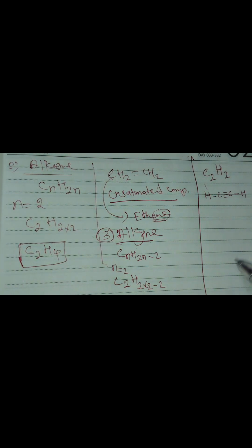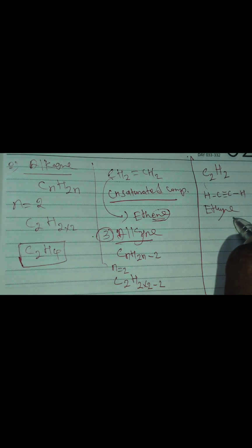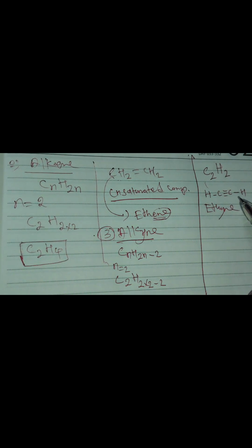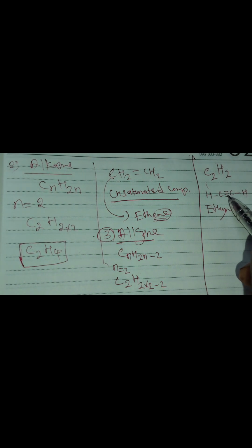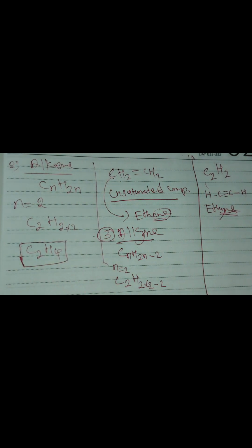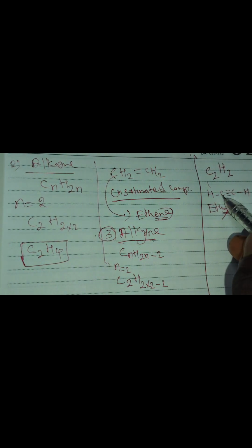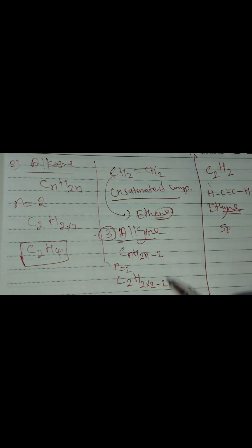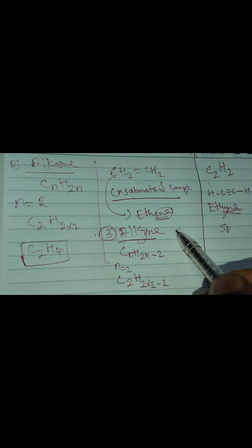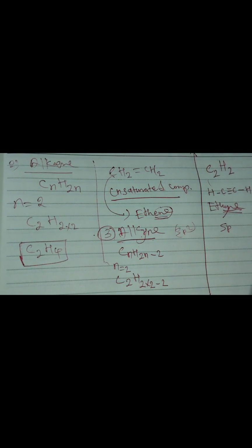So this is ethyne. Whenever the compound possesses a carbon-carbon multiple bond, especially the carbon-carbon triple bond, it is under the alkyne category. In ethyne the carbon is sp hybridized, in the previous case of alkene the carbon is sp2 hybridized, and in the case of alkane the carbon is sp3 hybridized.